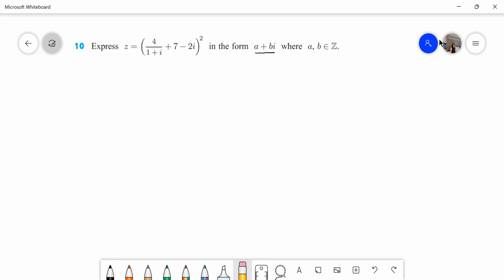I'm first interested in only this fraction. Let's try to simplify this, 4 over 1 plus i. If you have a complex number in the denominator, then we must always aim to change it from a complex number to a real number.